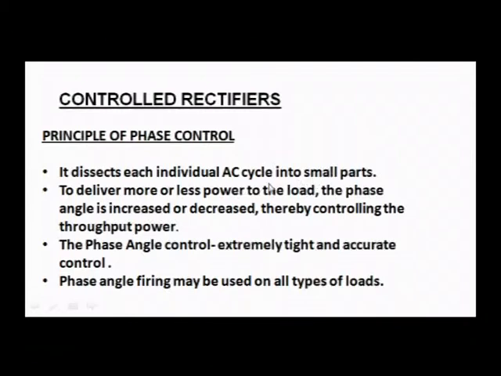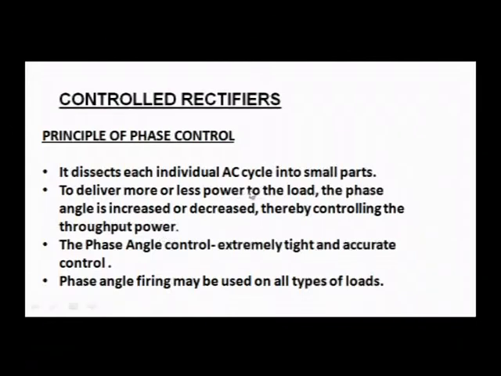In whichever part of the AC I give a trigger, it delivers more or less power to the load. I can connect the load in the anode to cathode circuit. So when I increase or decrease the phase angle, I can control the power to the load.